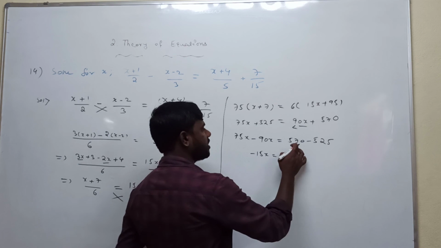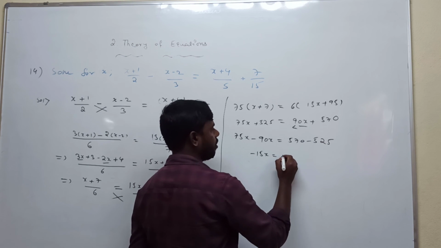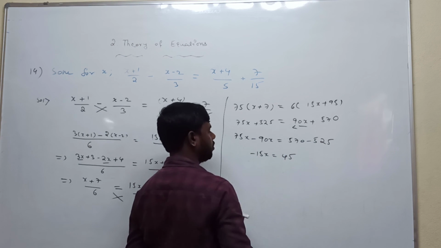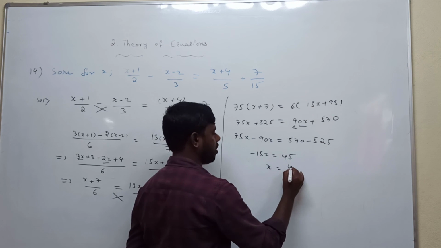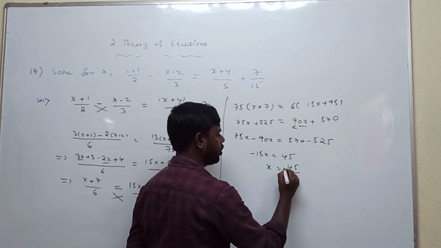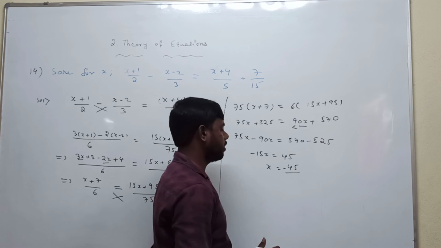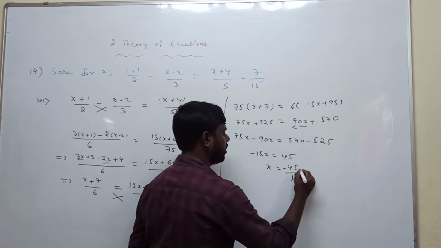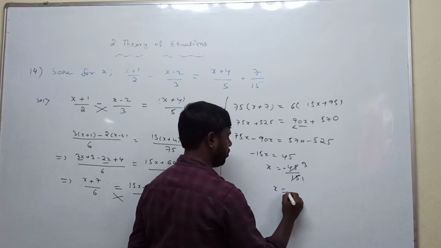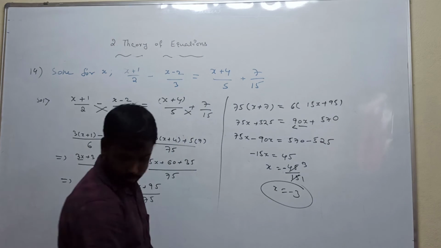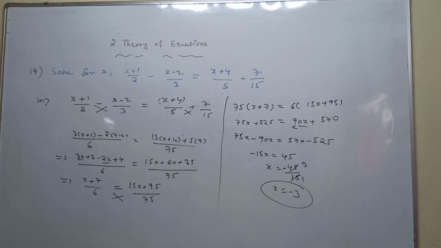Next, 570 minus 525 is 45. So x is equal to 45 by minus 15. Minus in the numerator or denominator means the same. 45 divided by 15 is 3, so x is equal to minus 3. This is how to solve the given equation.